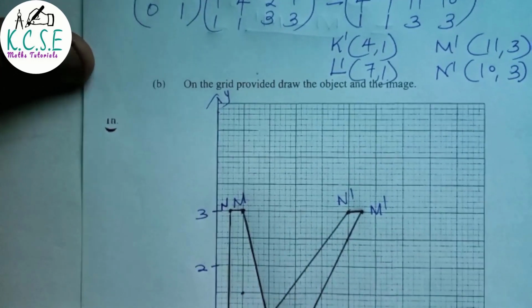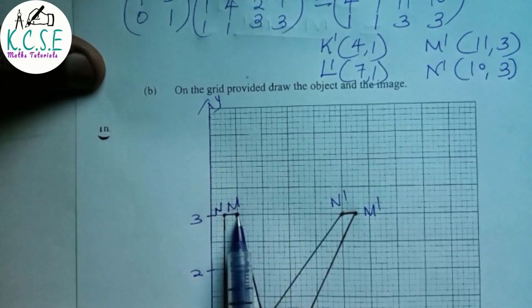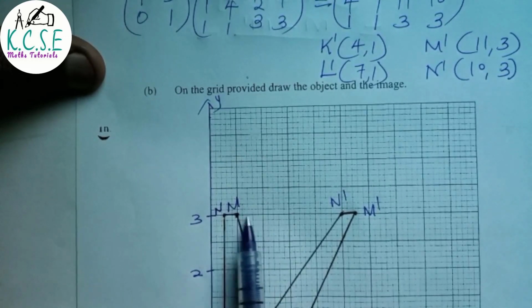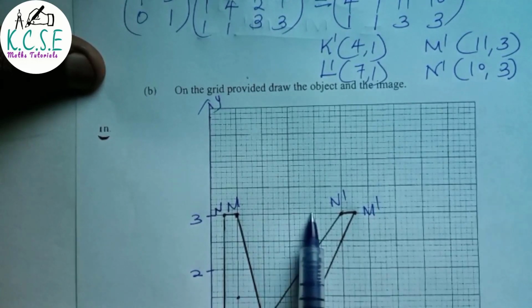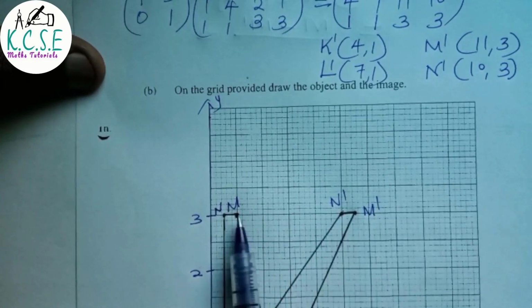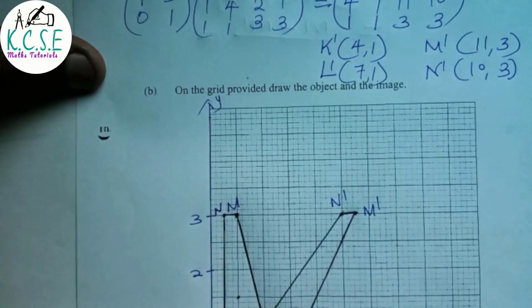Then you need to understand that one small square is 2. So when I go, one box represents 2. So this is 2, this is 4, 6, 8, 9. So from M to M prime, those are 9 units because of my scale.